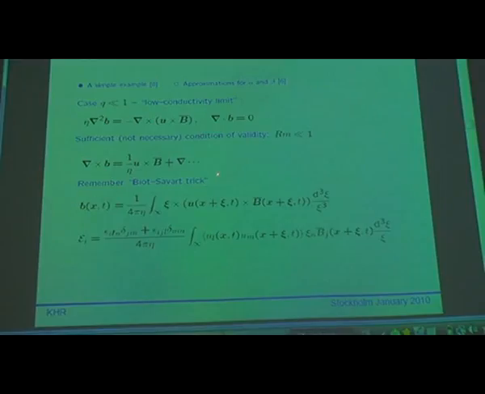Remember what I told you about Biot-Savart's law. Biot-Savart's law was derived from an equation, curl of B equal to mu times current. And I explained to you that in the current I can cancel any gradient. And so I'm not interested in this gradient.